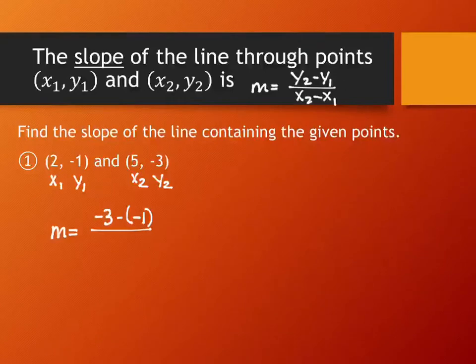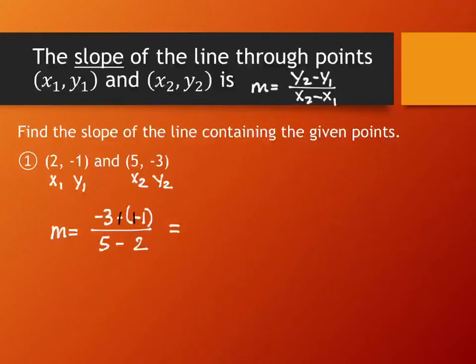Don't forget that there's a subtraction sign within the equation for slope itself. And then I take the x2 value, which is 5, minus the first x value, x1, which is 2. If we simplify, we recognize first and foremost that we've got minus and negative right here. So that's going to be addition.